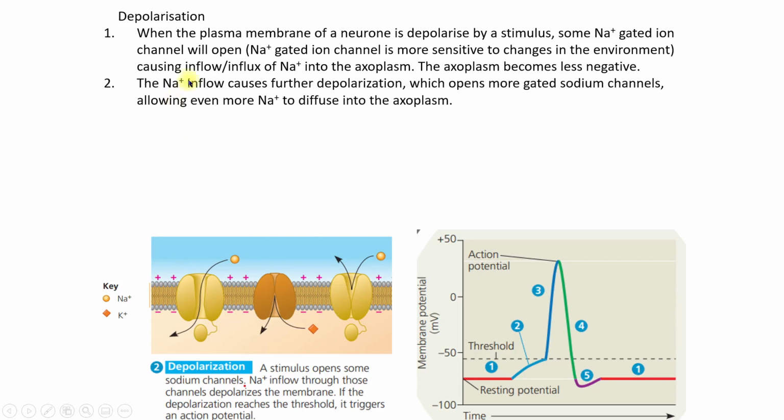The inflow of sodium ions will cause further depolarization, which opens more sodium ion gated ion channels, and this will allow more sodium ions to diffuse into the exoplasm, or more influx of sodium ions into the exoplasm.